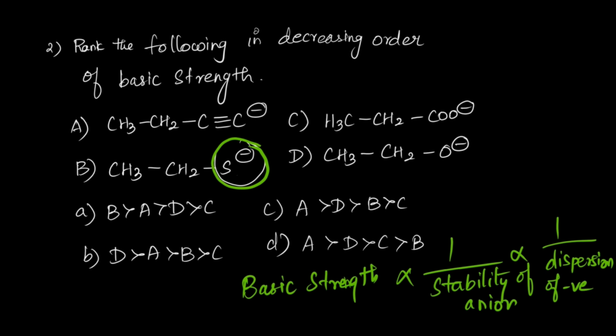So let's say sulfur. Sulfur is larger in size when we compare with oxygen, right? So the negative charge is well dispersed. Compare sulfur, a big house, and oxygen, which has a small house. Okay, so that is the dispersion of negative charge, and basic strength is also inversely proportional to electronegativity. Okay, now tell me what is the correct order.